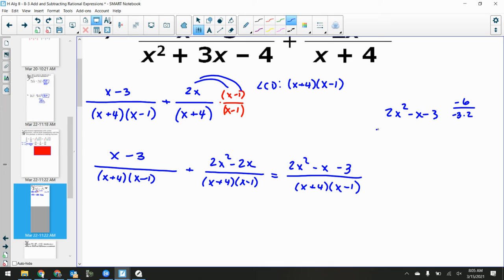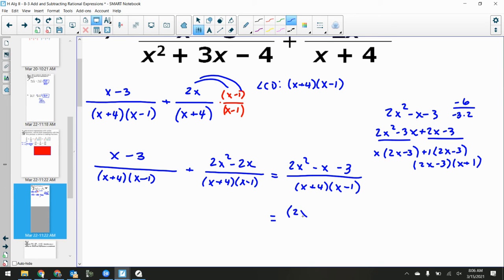So 2x squared minus 3x plus 2x minus 3. That means I factor out an x, leaving a 2x minus 3. I factor out a 1, leaving a 2x minus 3. So it's (2x minus 3)(x plus 1). All right, so that reduces down into (2x minus 3)(x plus 1).